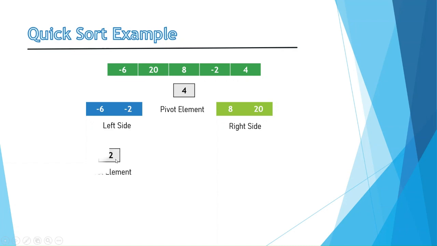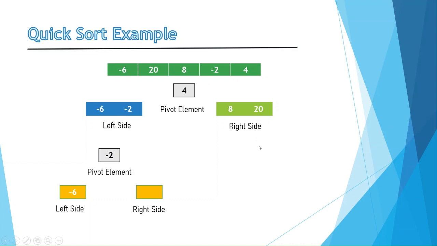Now -6 is smaller than -2, so it is on the left side, and on the right side we have an empty block because we don't have any element on the right side of the pivot element, which is -2 in our case.